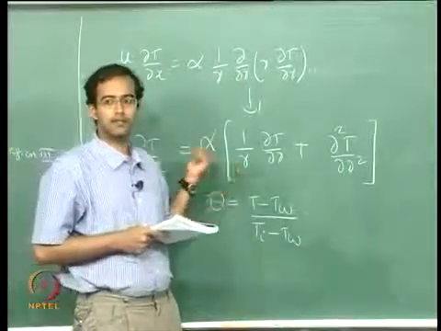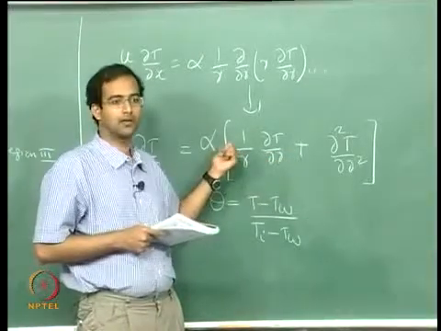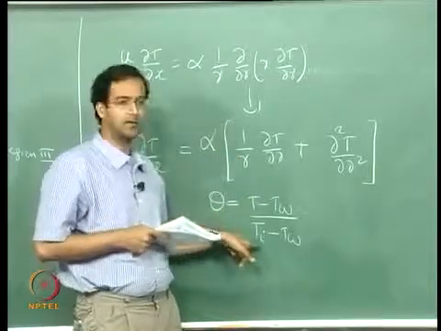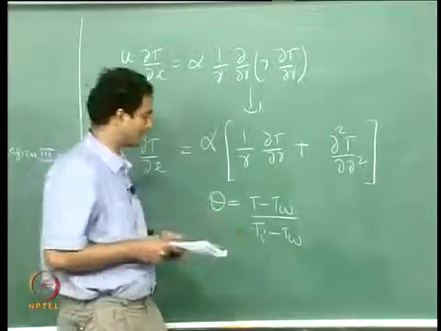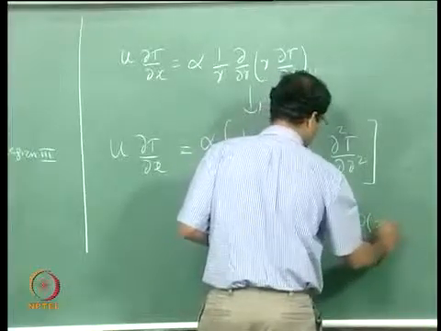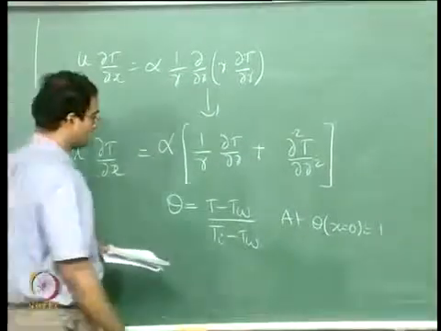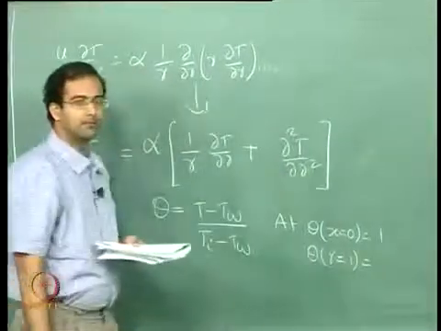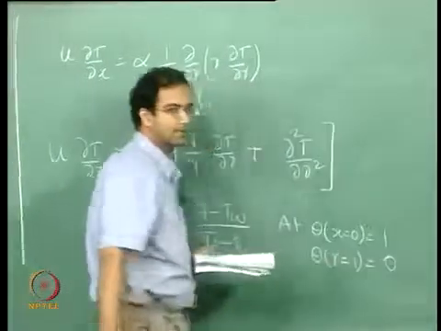In this case this is a partial differential equation. So for this you need a boundary condition for T at x equal to 0. Therefore at x equal to 0, T equals Ti. So you non-dimensionalize with respect to Ti such that theta at x equal to 0 will be 1, and theta at r equal to 1 will be 0, that will be T wall which is a constant.